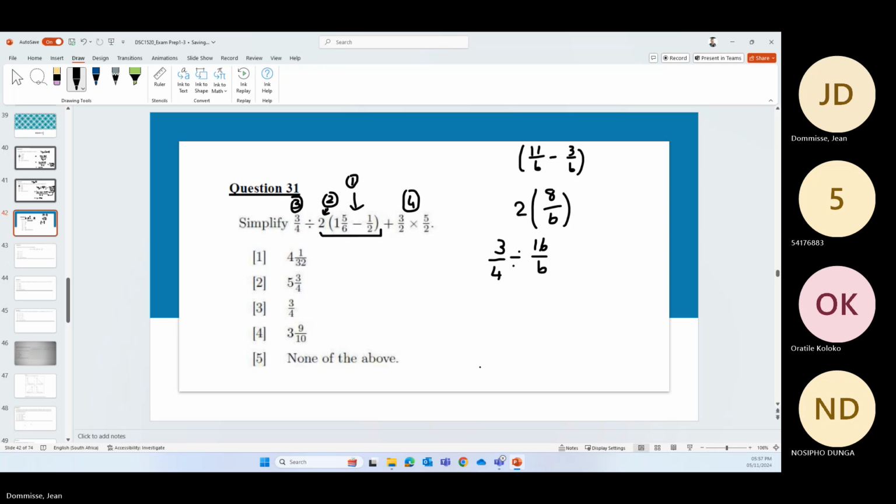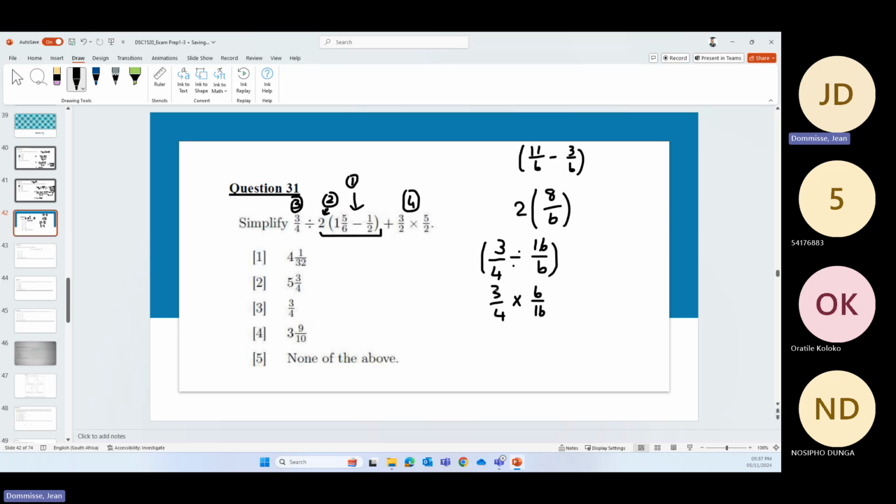So the rule that we now apply is to say, instead of dividing, we can multiply, but to multiply, we need to swap that around. So we're going to say 6/16.